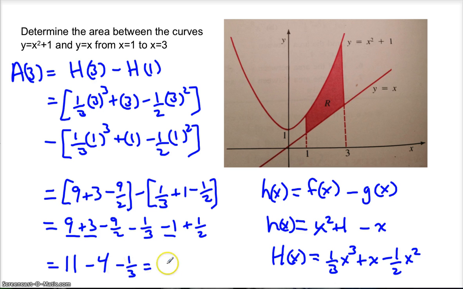So 11 minus 4 is 7, and we still have to subtract a third from that, and we get 6 2/3. So this area here is exactly equal to 6 2/3.